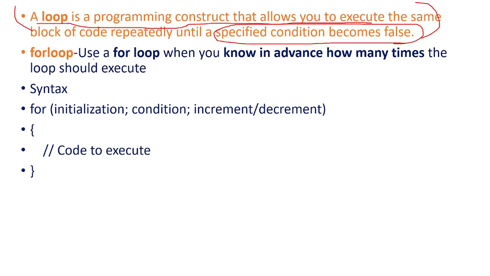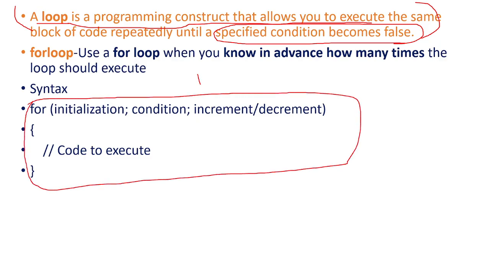For loop: use a for loop when you know in advance how many times the loop should execute. We need to know how many times the loop will execute, right? This is the syntax for the for loop.